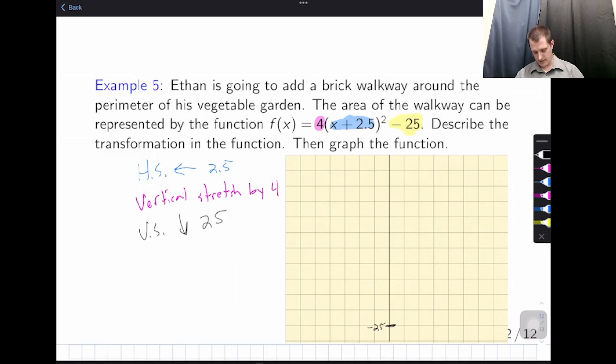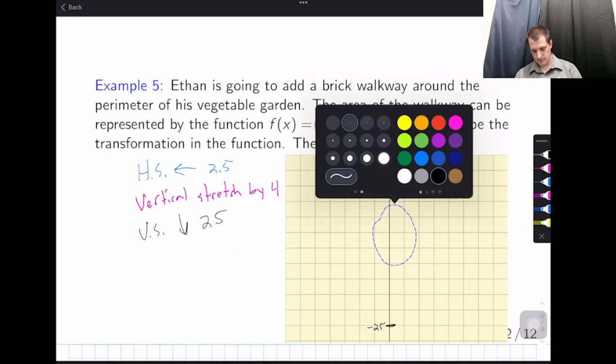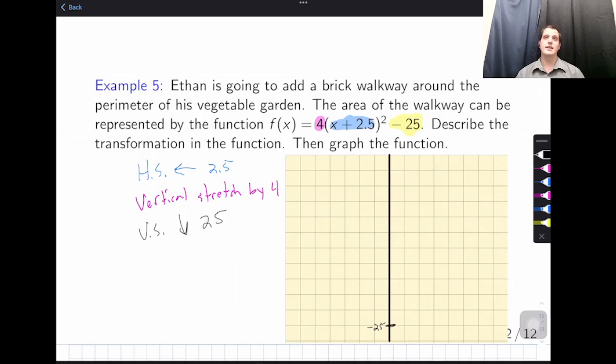And then we'll just find out where everything else is from there. There we go. All right, well, that's negative 25. Our y-axis is at x equals 0. So we can move this to the left by 2.5. So that's going to be 1, 2.5 over. So there's our first point.